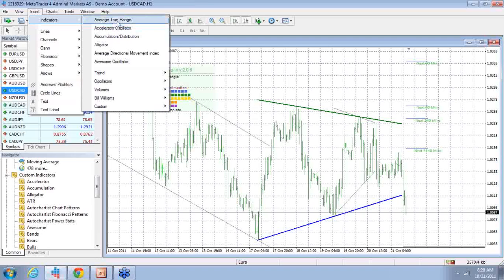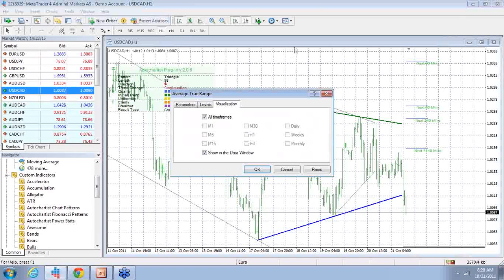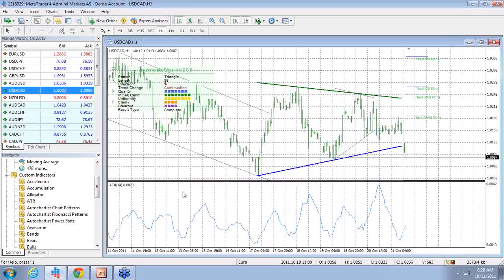So in this case, I like to look at the average true range. Okay, and what that represents is it takes a period of time. In this case, it's an ATR of 14. It looks at 14 bars back, and it looks at what the true range is in that marketplace, and places them in an average, and it gives you an oscillator here.